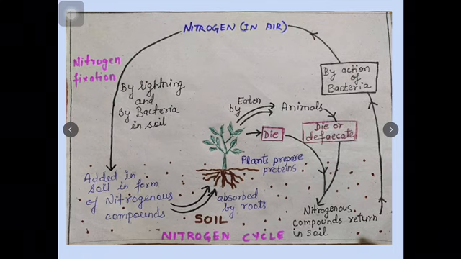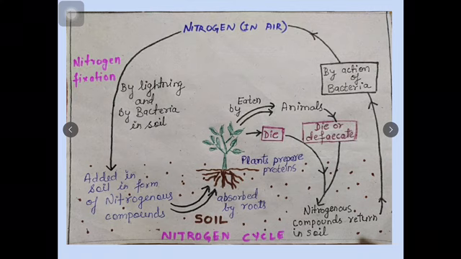So that energy can convert nitrogen into nitrogenous compounds. So the first thing which happens is nitrogen in the air, by nitrogen fixation, is added in the soil in the form of nitrogenous compounds. The second step is that these nitrogenous compounds are absorbed by the roots. Third step, plants prepare proteins from these nitrogenous compounds for themselves and for the animals also. So these plants are eaten by the animals.